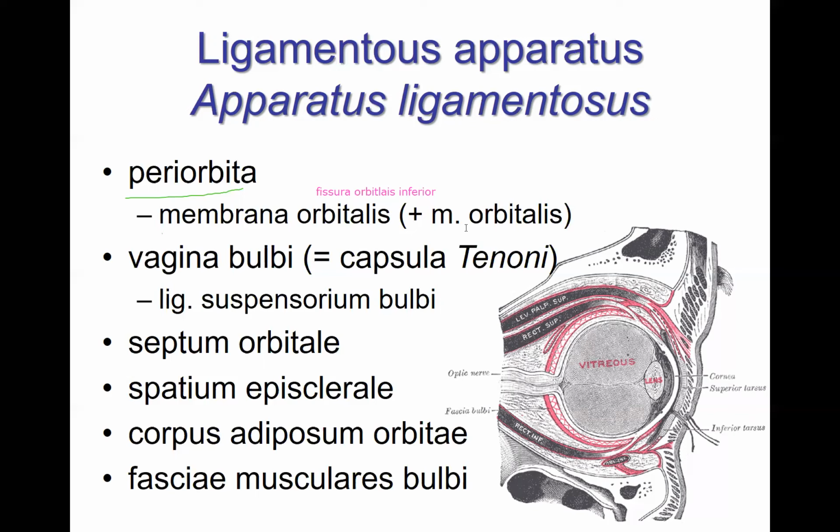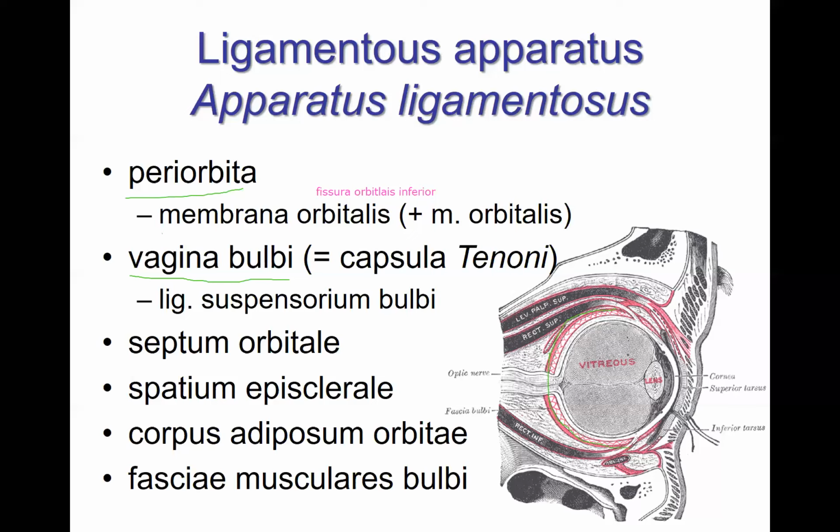Then another fascia, a real fascia, is the bulbar sheath, so the vagina of the bulbus. And we have already talked about that the vagina is like a fossa of a joint. And the vagina is around, so we can see the vagina here.